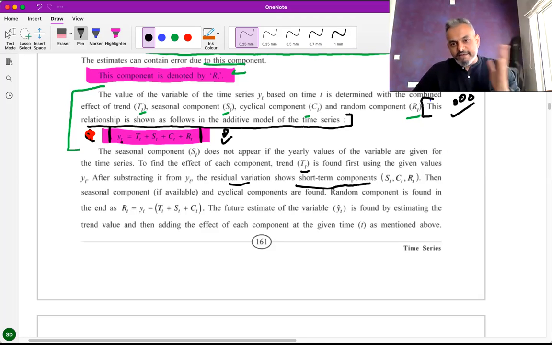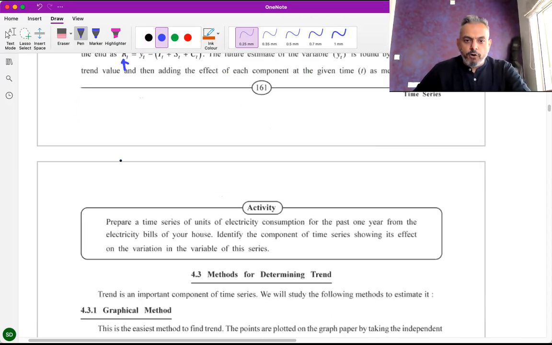So it is just an LHS, RHS thing. You need to remember this formula. This is important. What we are doing is, from this Y, we are deducting T, S, and C. So what we get is R. Please remember this. This is extremely important.